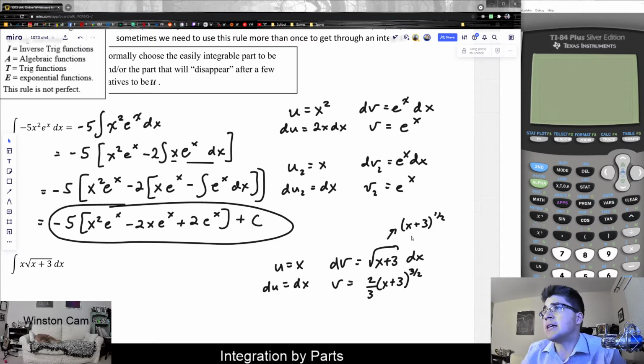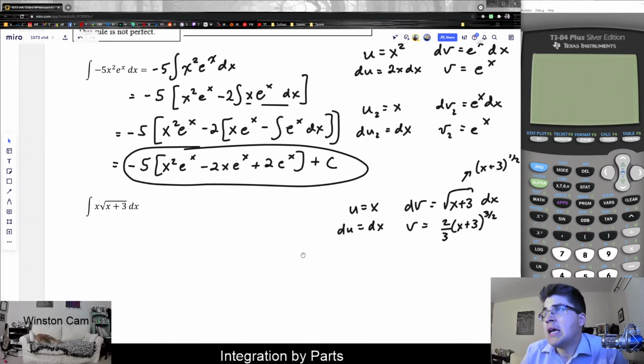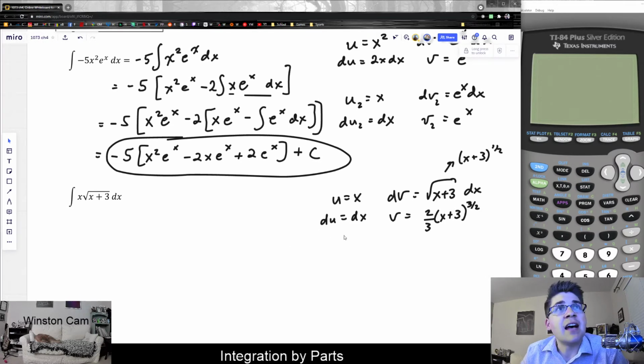And also, you might want to be careful about using u substitution here. Since it's just x plus 3, technically you can do an individual u sub with integration by parts, but you want to be careful because notice I've already used u, and it's probably bad to use u a second time if I'm trying to calculate an integral such as this. But nonetheless, we should be good to go in this particular case.